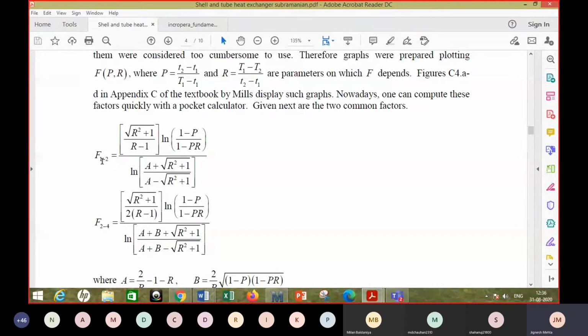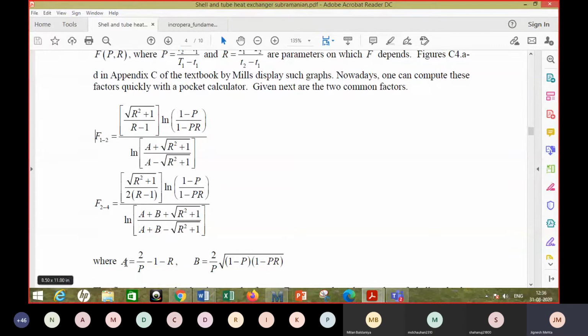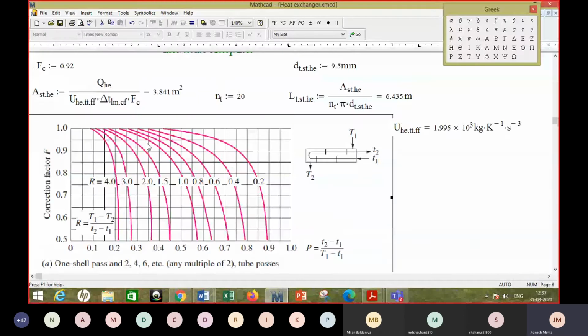Are you going to use this formula? Yes, you are going to use this formula, the first one, right? So get the value of A, and put it here. A, R, and P are to be used, and this will give you a more accurate estimate of the value of F, and then you can compare whether the value that I have used is correct or not.